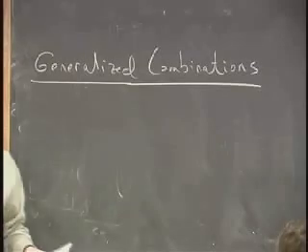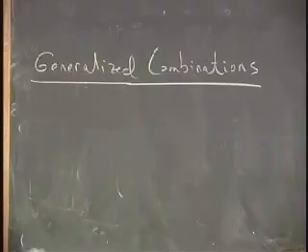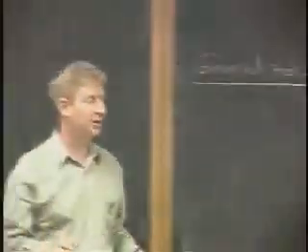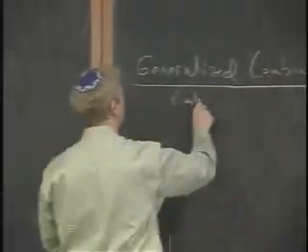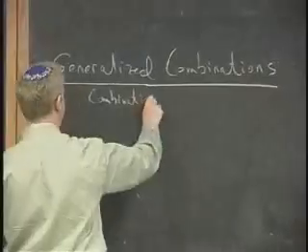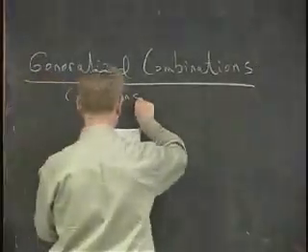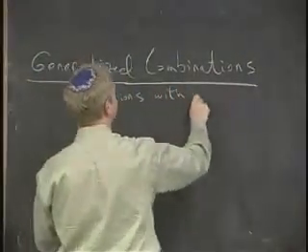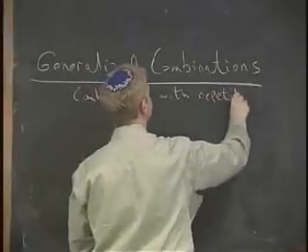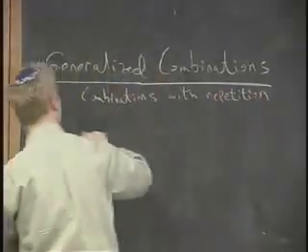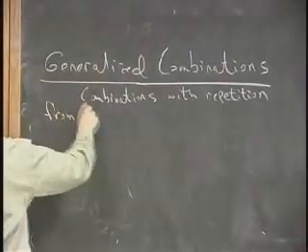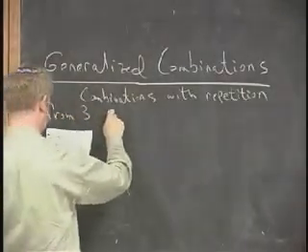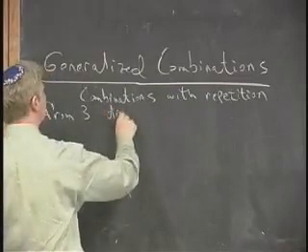Again, to start off, I want to do an example. And the example here is going to be just like the regular combinations that we've done before, but now I'm allowed to repeat. So here's what it looks like. Combinations with repetition from 3 distinct types.